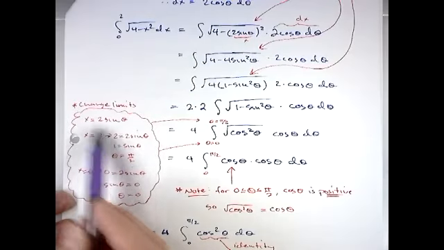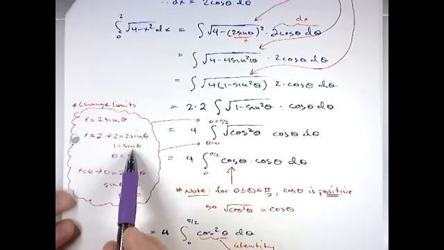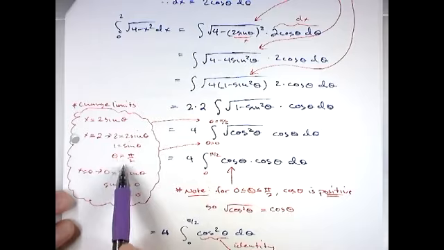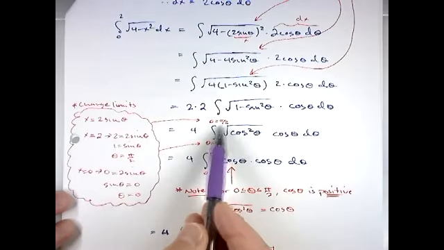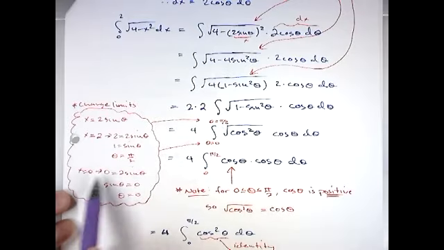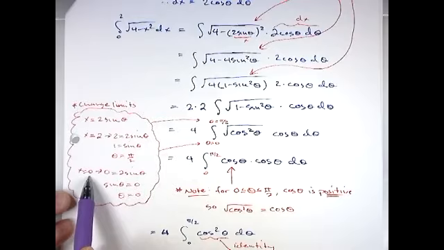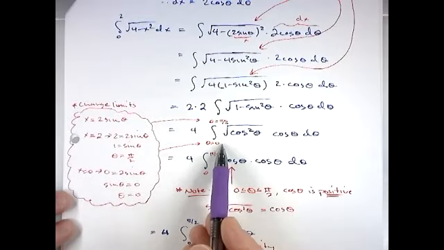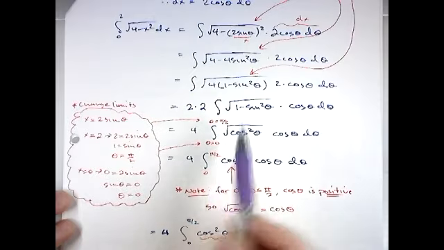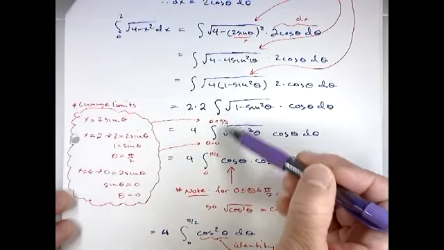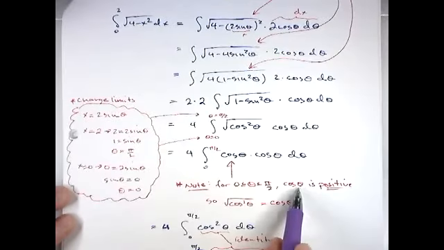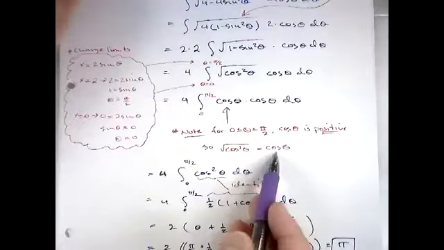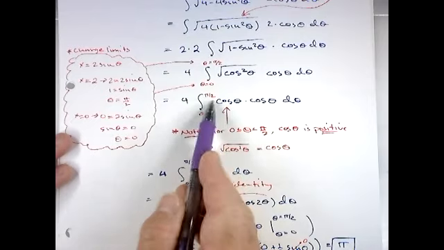So if I put that into this substitution, that's the equivalent of saying sine of theta is equal to 1, which means theta would be pi over 2. And if x was 0, which was my original lower limit, that would be the equivalent of theta being 0. So my limits in terms of theta are from 0 to pi over 2, where we know cosine's positive, in which case the square root of cosine squared is just regular cosine theta. I don't have to worry about a negative there.